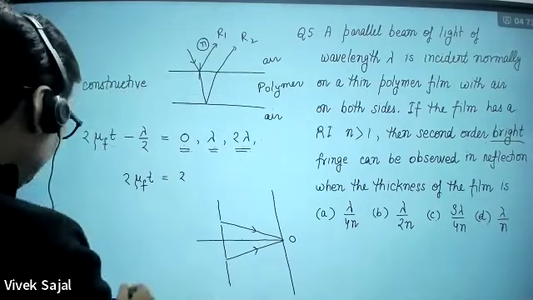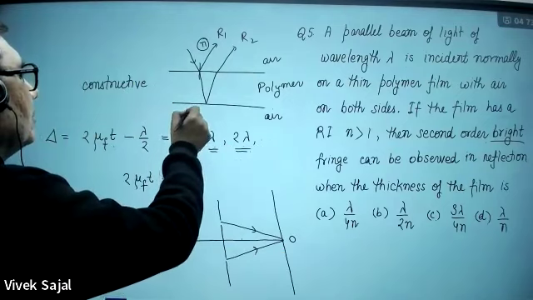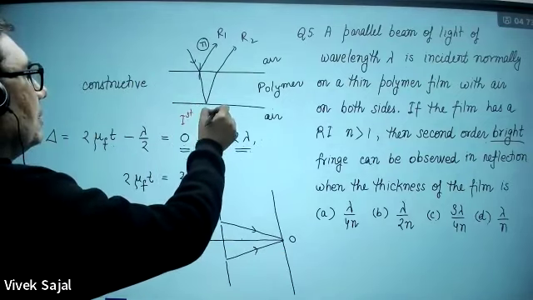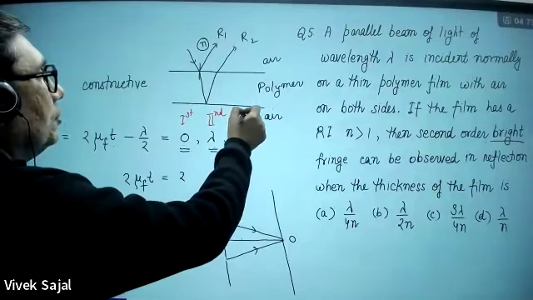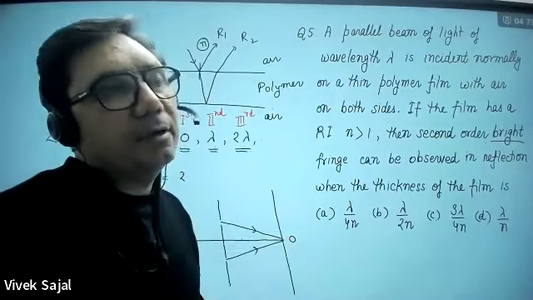Here counting will start from this as first. That's why I was saying it's not 1, 2, 3. This is second, and this will be third, not 0th. For 0th, they should travel exactly equal paths.